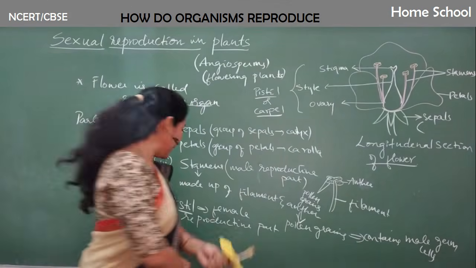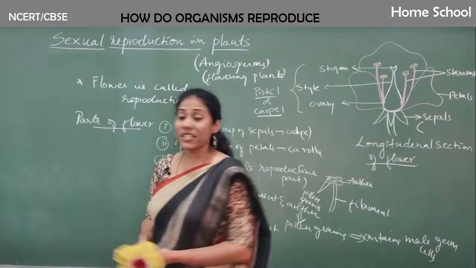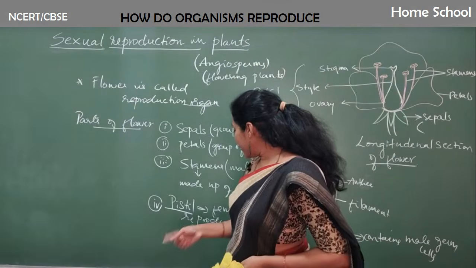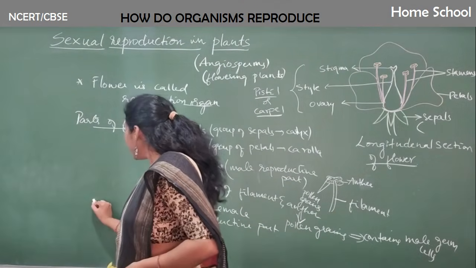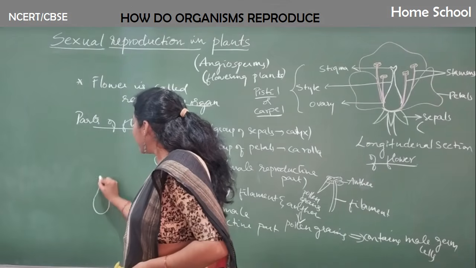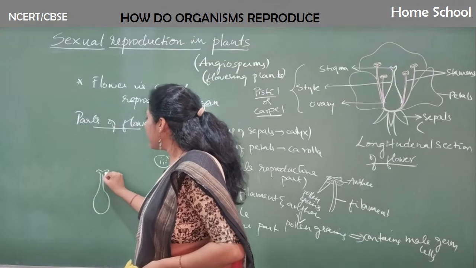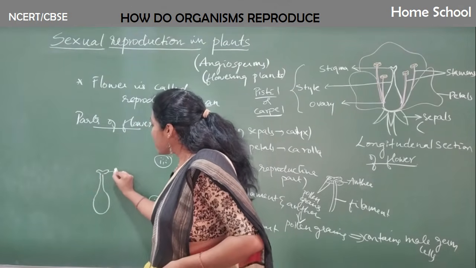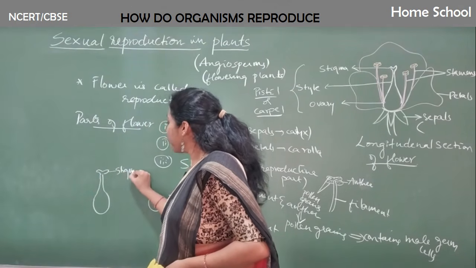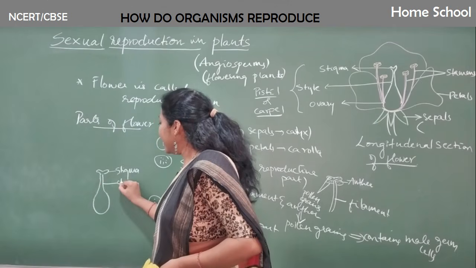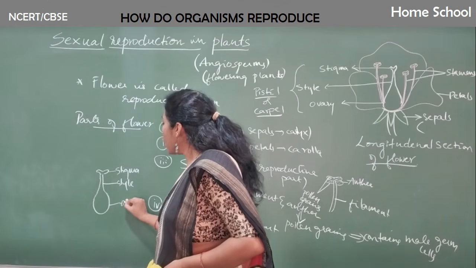Now let us study the female reproductive part. In the middle you have an ovary, and a small stem over here and a bulged structure. This is what we call stigma, this is style, and this is ovary.